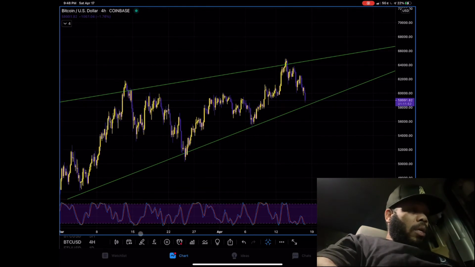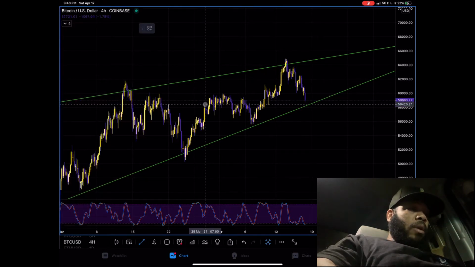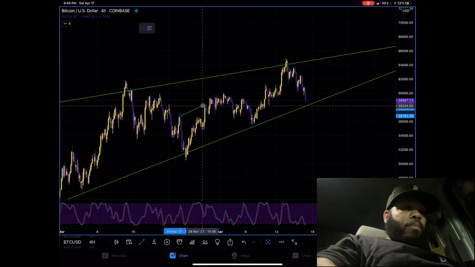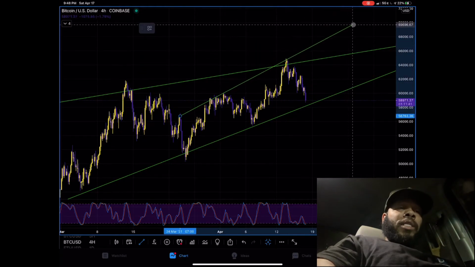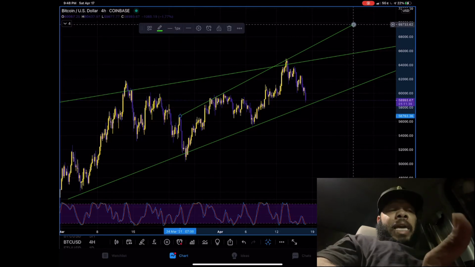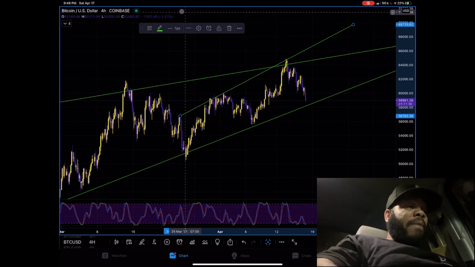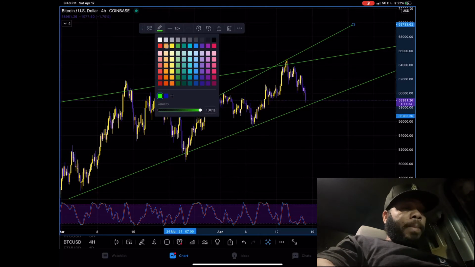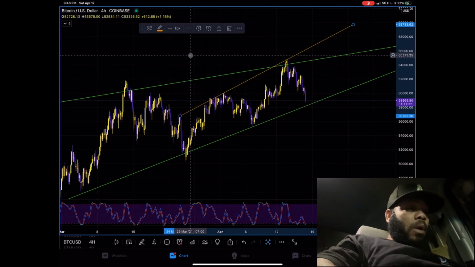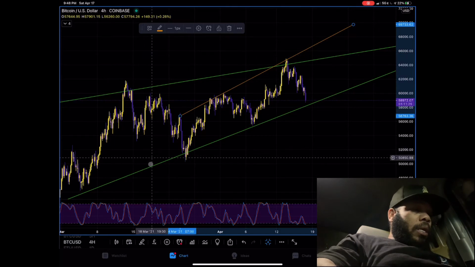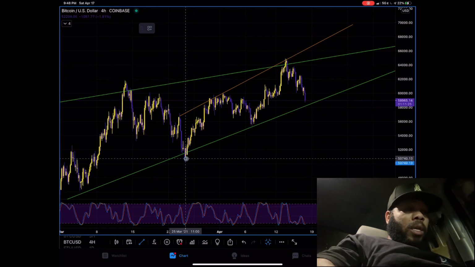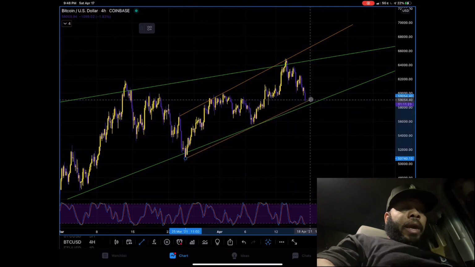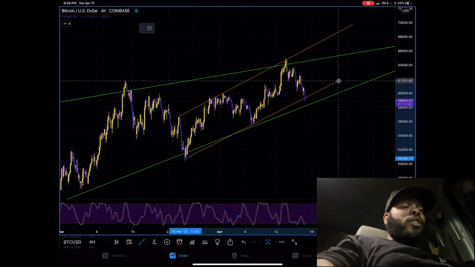Watch this. Trend line. I'm going to come from here. Boom. Touch. Boom. Look what I got. I got 2 touches, all right? That's a key level. And on my 4 hour chart, I make mine orange. And then my next one right here, 1, 2, and I only need 2.